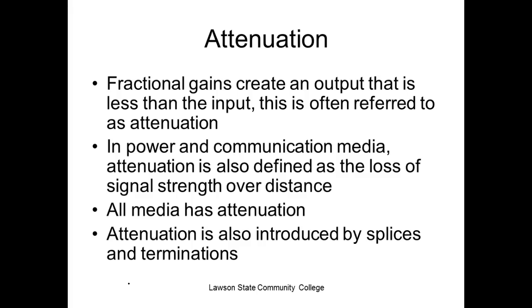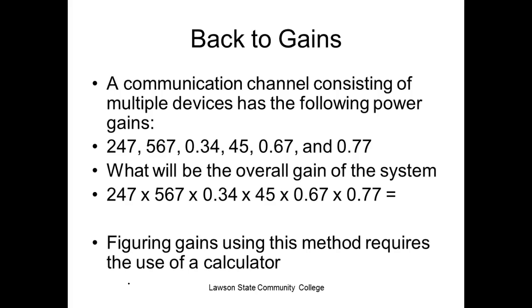Attenuation is also introduced by splicing and termination, but that's for another class. Back to gain. A communication channel consisting of multiple devices has the following gain. We can figure this out, but we're looking at why they give everything in dB. So this whole thing would have a gain of 1,105,444.57.